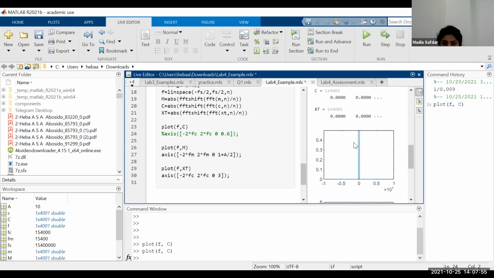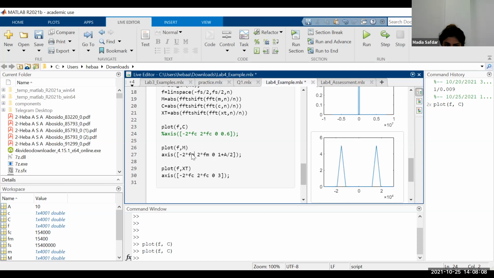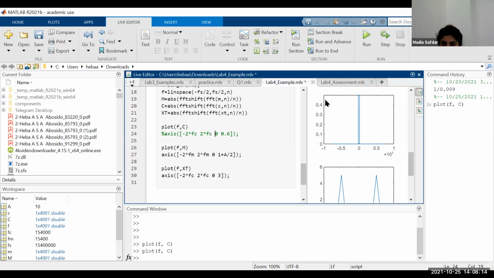Okay, now you can't see anything. Yes, you can't see. Here you don't know how much the amplitude is. Your amplitude is lost. So what you do is you separate it equally from -2 FM to 2 FM, and then 0, and then 0.6 is the amplitude.